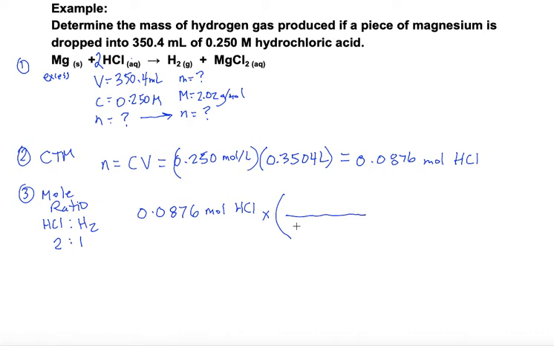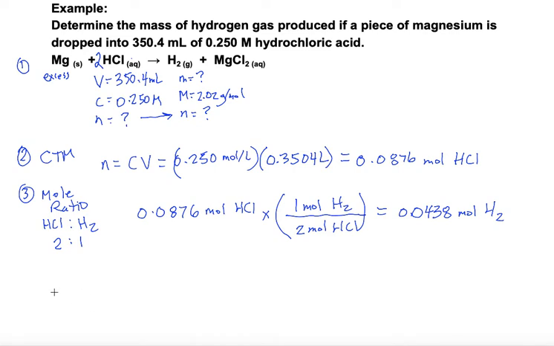So now we go 2 moles of HCl from our balanced chemical equation, 1 mole of H2 from our balanced chemical equation. And we do the math, and we're going to get 0.0438 moles H2. Right? So now we've got our moles of H2.